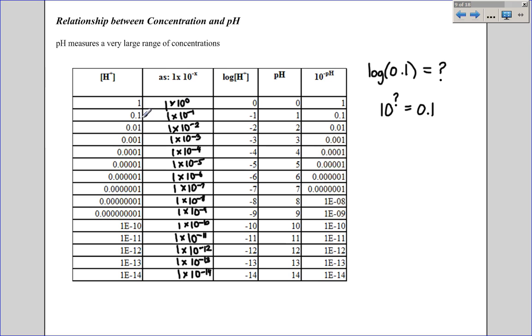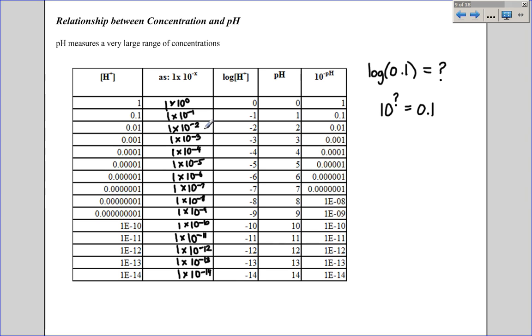The number 0.1 in scientific notation is 1 times 10 to the negative 1. So in order to retrieve this number, the log of 0.1 is negative 1. The log of 0.01 is negative 2, because 10 to the negative 2 is equal to 0.01, so 10 needs to be raised to the negative 2.